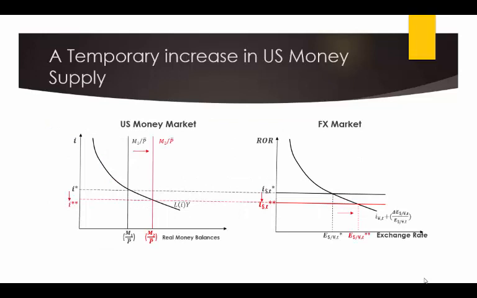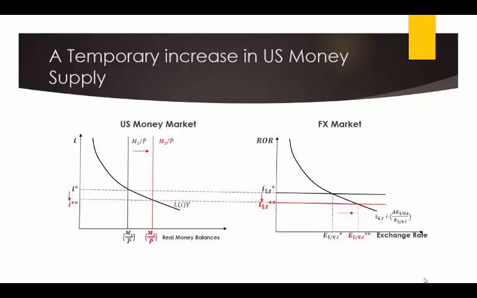For example, a temporary increase in US money supply by the Federal Reserve System. As depicted, this will cause the short-run real money supply function to shift out to the right. Money market disequilibrium results as real money supply exceeds real money demand.